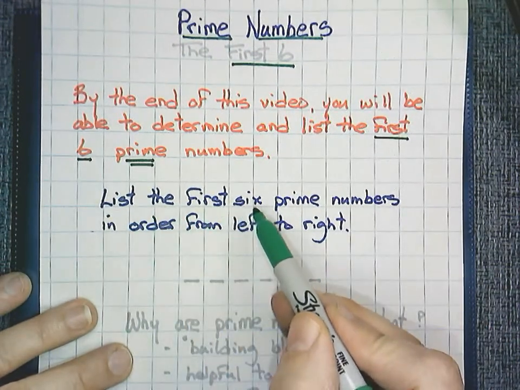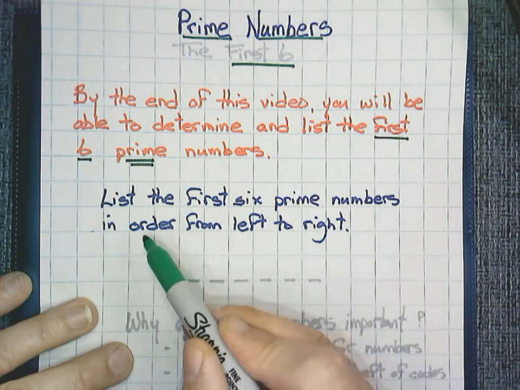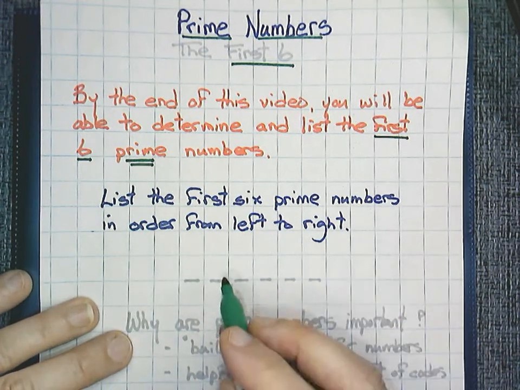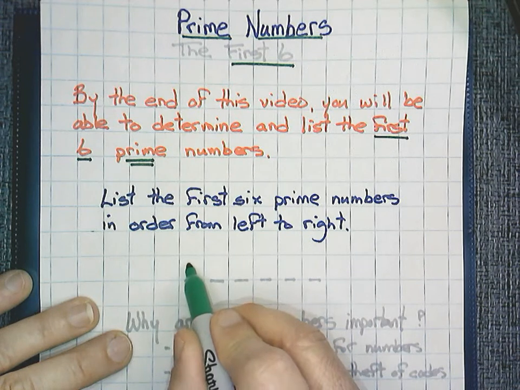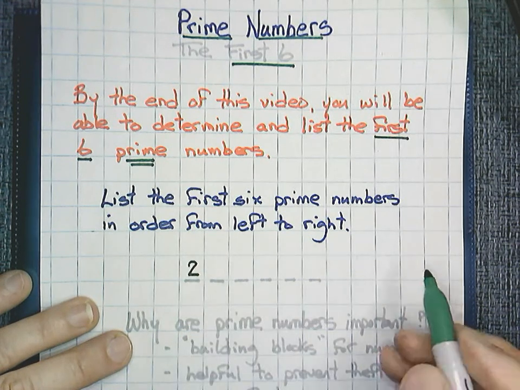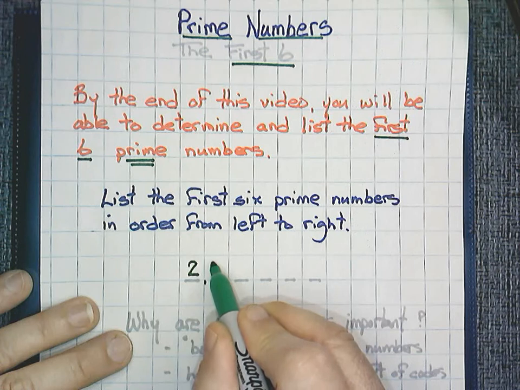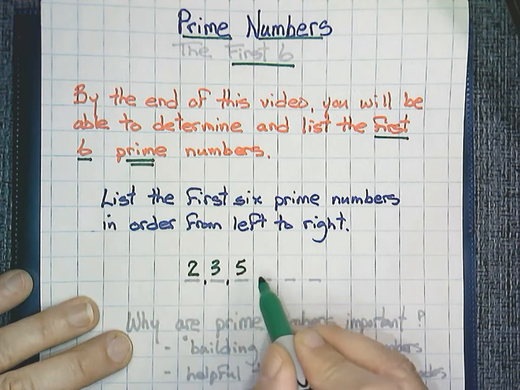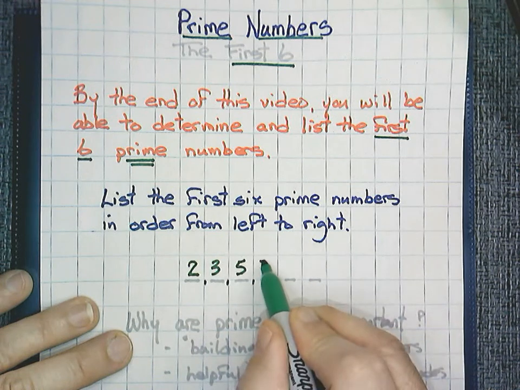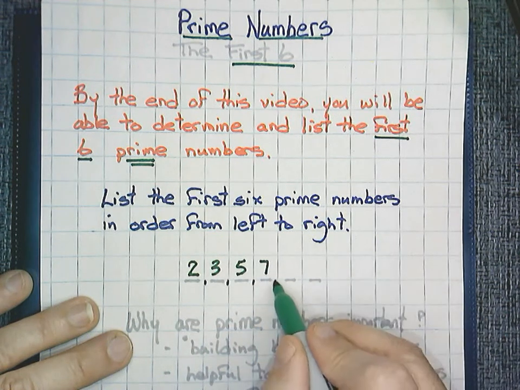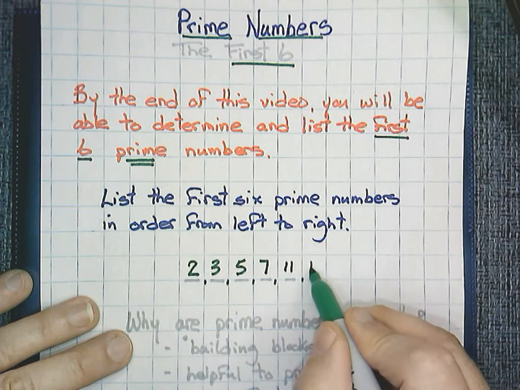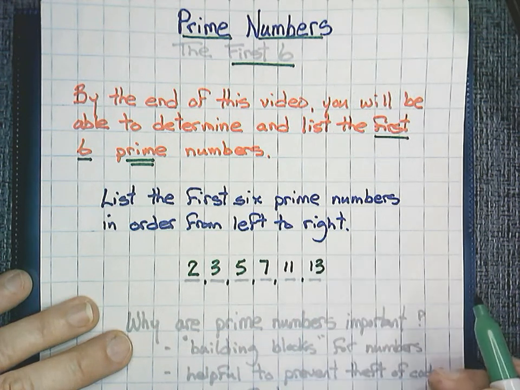List the first 6 prime numbers in order from left to right. Okay? First prime number would be 2, 3, 5, 7, 11, and 13.